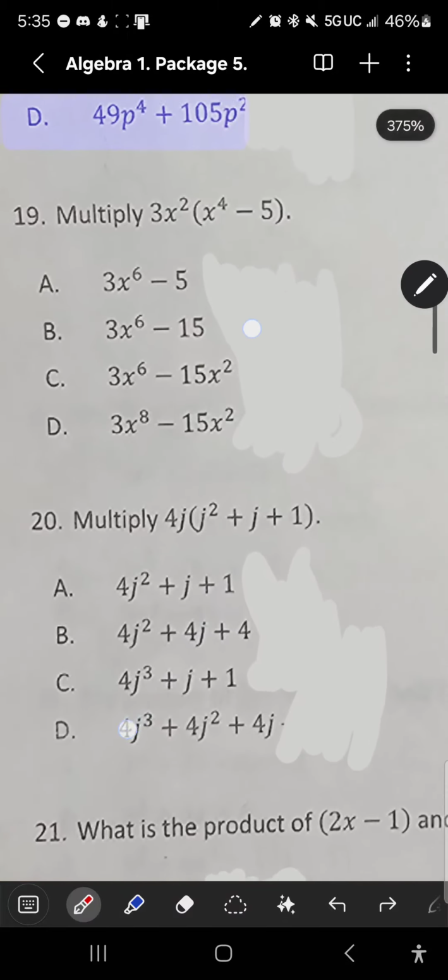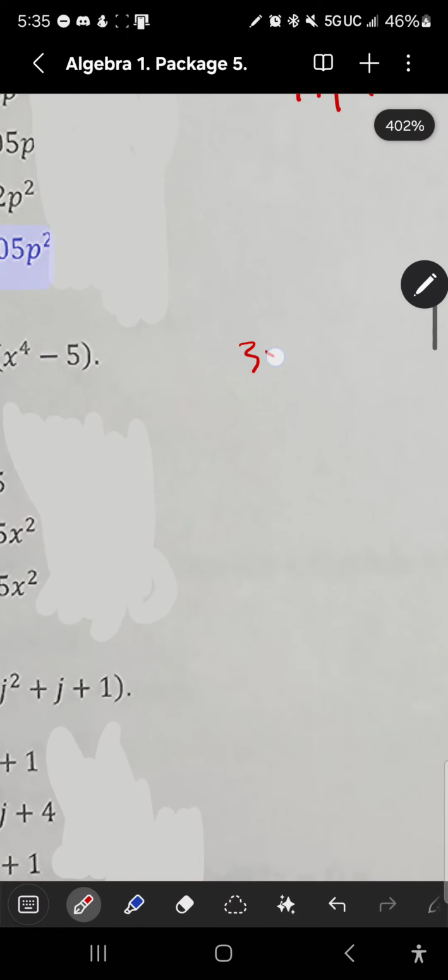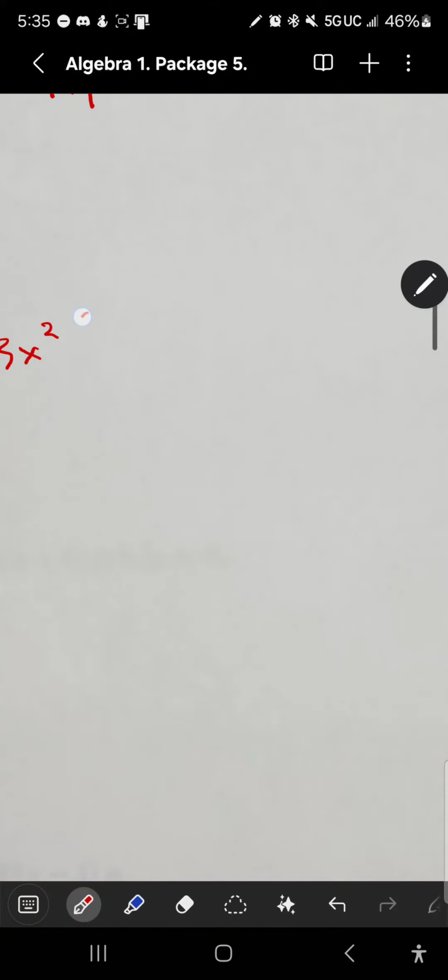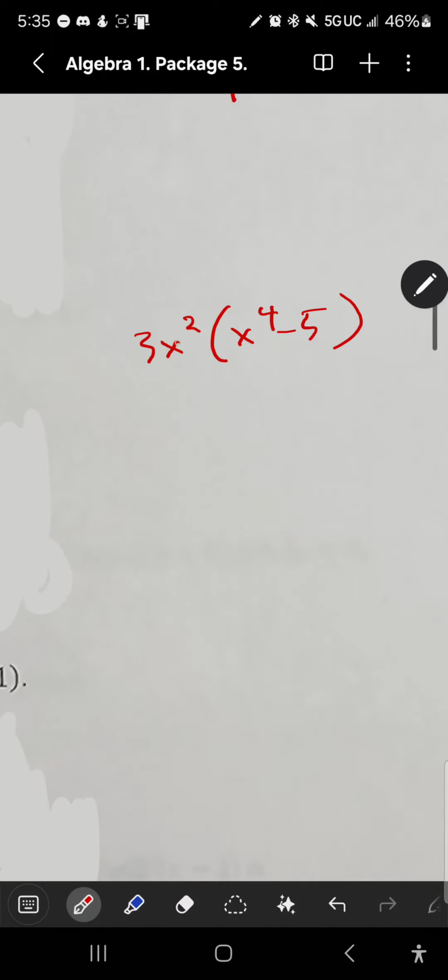Now let's see in this case. It's the same, so 3x to the 2 times x minus 5. So 3 times 1, if we don't have a number in front of the variable, it's just a 1. So 3 times 1 is 3. Now x to the 2 times x to the 4 is equal to x to the 6. Why?